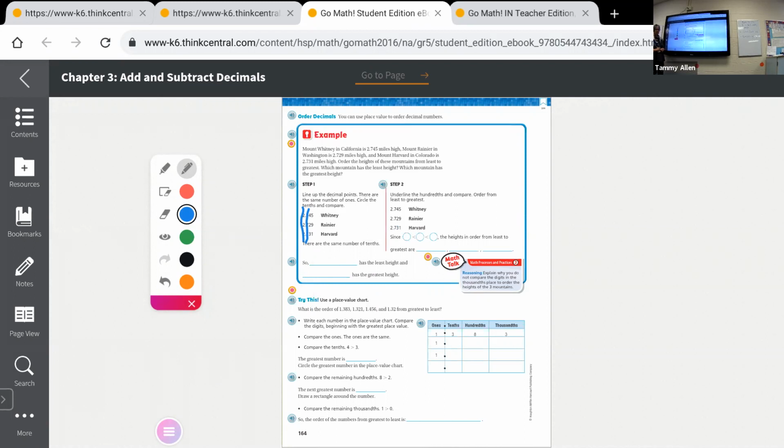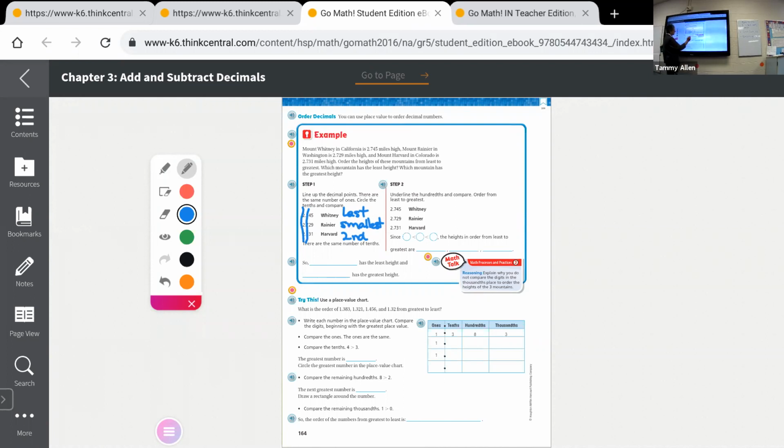The 2 is the smallest. So this is the smallest. The 3 would come second, and the 4 would come last. Okay? So if we're putting them in order from least to greatest, we have to go out to the hundredths place in order to get our order from least to greatest. Okay?